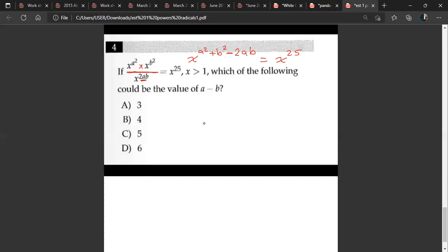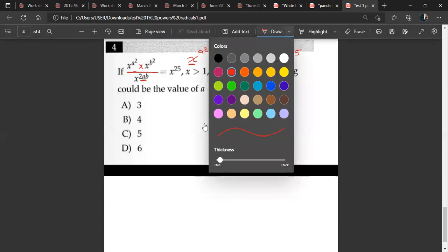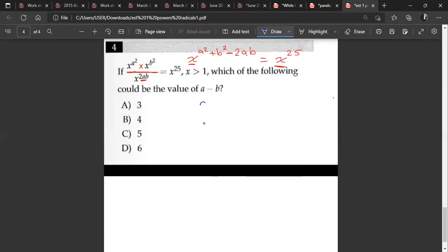Okay, let's complete it. You have the same base, so you have equal powers. Same base, equal power. So what are we going to do? Make the powers equivalent. So we have a squared plus b squared minus 2ab equals 25.